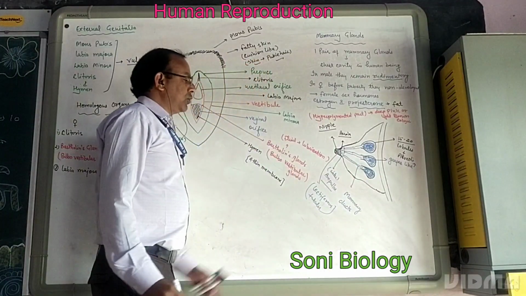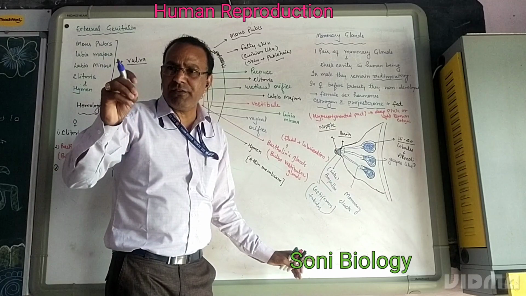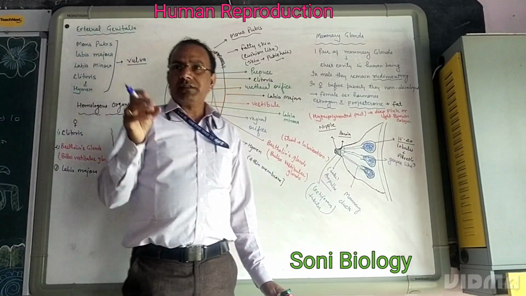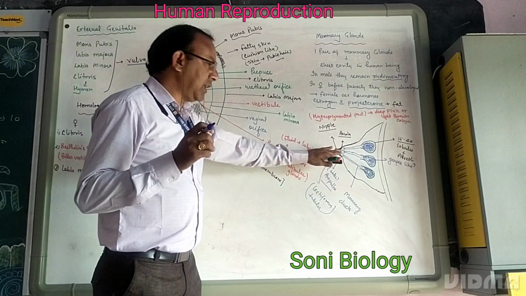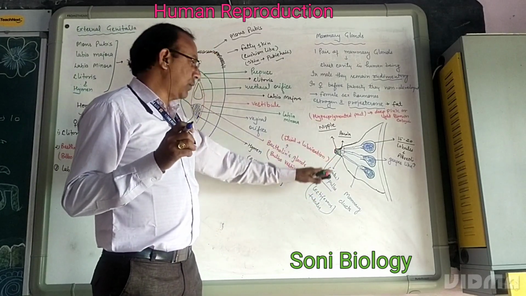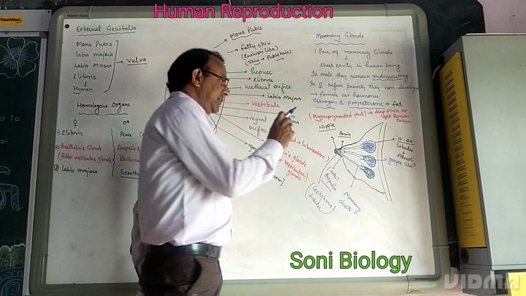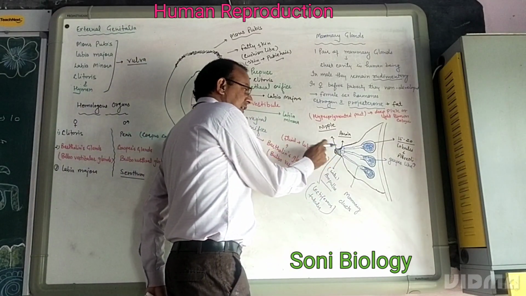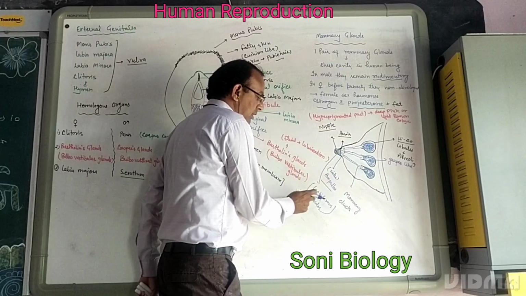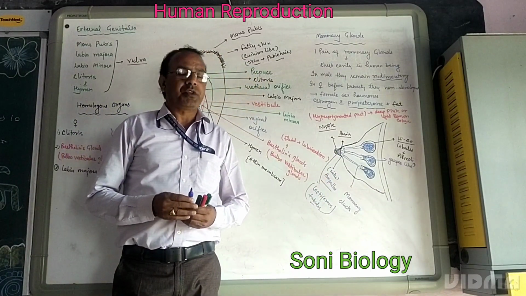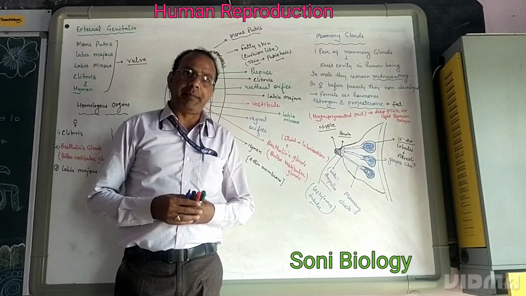The milk stays in the ampulla for some time before the child sucks the nipples. Then the milk is secreted through the tubules through the nipple. Those tubules are called lactiferous tubules. In the next part we will discuss gametogenesis.